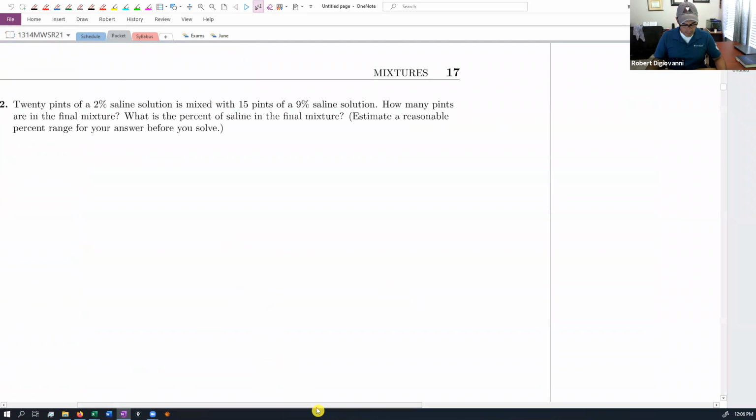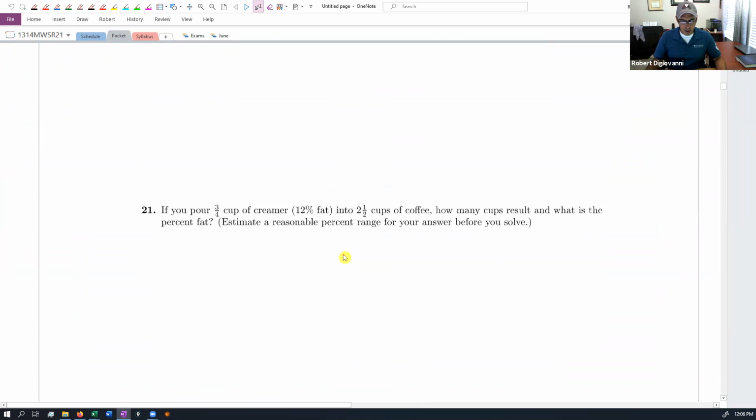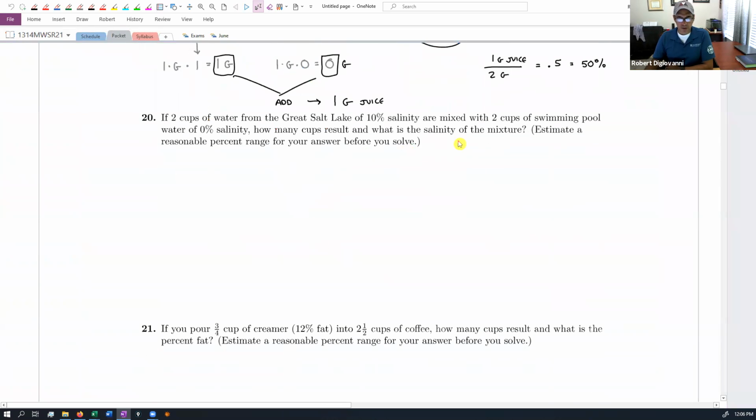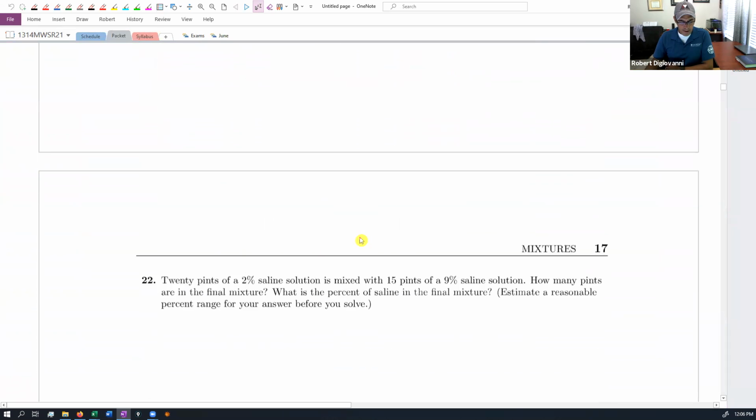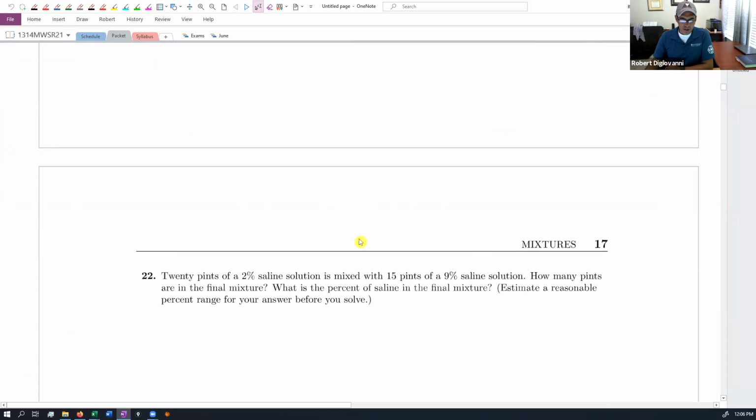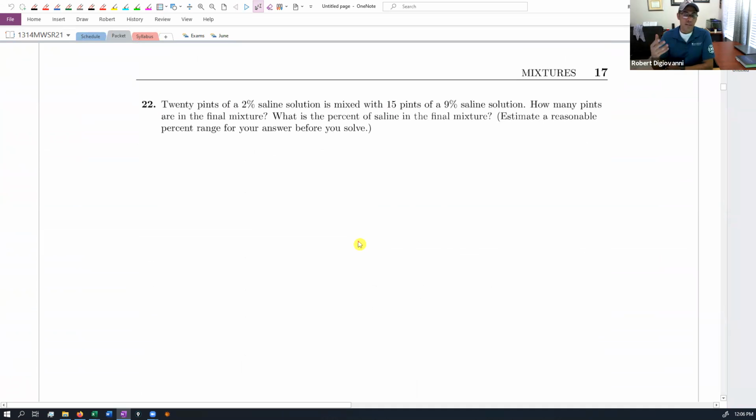All right, let's get back to the packet here. If you go back up and look, these are the same sorts of problems, so I'm not going to work through these. But I'll add that if you've ever taken a chemistry class where you've had a lab, the chemical reaction you need may require a certain acid.